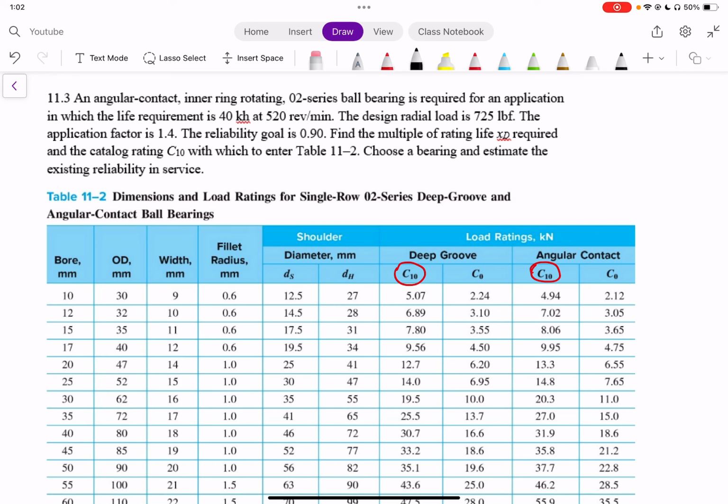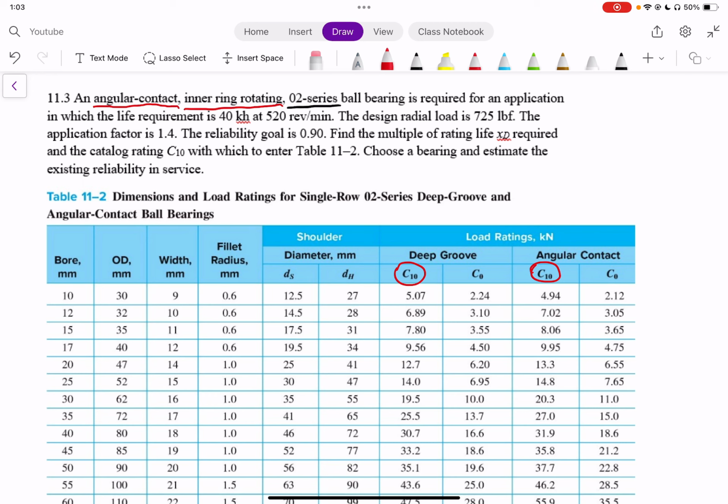There's a couple of things that we need to know: it's a 02 series, which we'll look at later, but it's important to make sure that we have that series number. We also have angular contact and inner ring rotating, which might not be completely important right now, but is going to be important later on in this module at least.